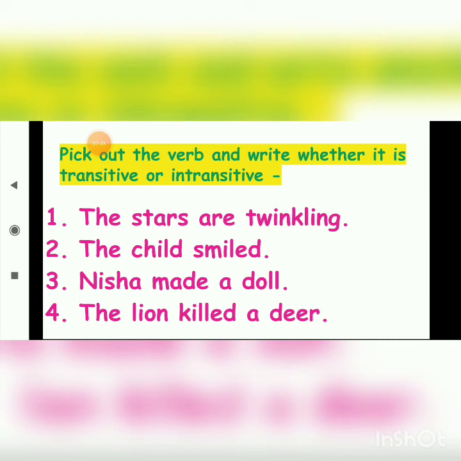So here we are having subject, verb and object. So killed is a verb and it is a transitive verb. Okay students, I hope you can at least identify the verbs in the sentence, and you can also find out whether it is transitive or intransitive.